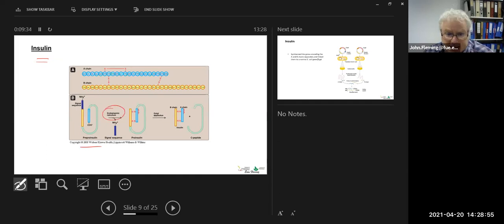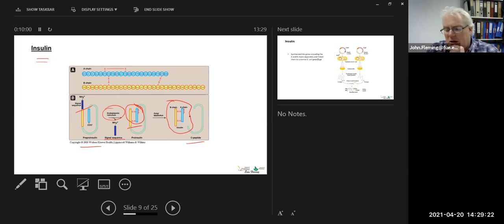So the protein that's produced has a signal sequence which is removed. Then, in the oxidizing environment of the endoplasmic reticulum, we get the formation of disulfide bridges and proteolytic cleavage away of the C-peptide in order to generate a heterodimer. So insulin is a heterodimer.